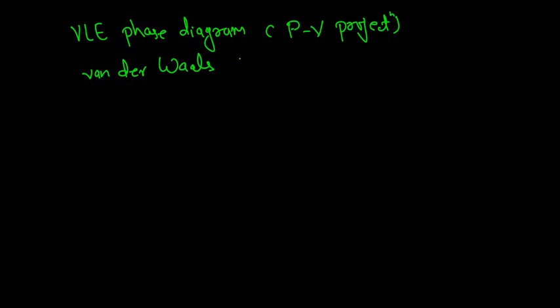That was (P plus a n squared by V squared)(V minus nb) equals nRT. We have already discussed in class the significance of the correction to the pressure term and the significance of the correction to the volume term.